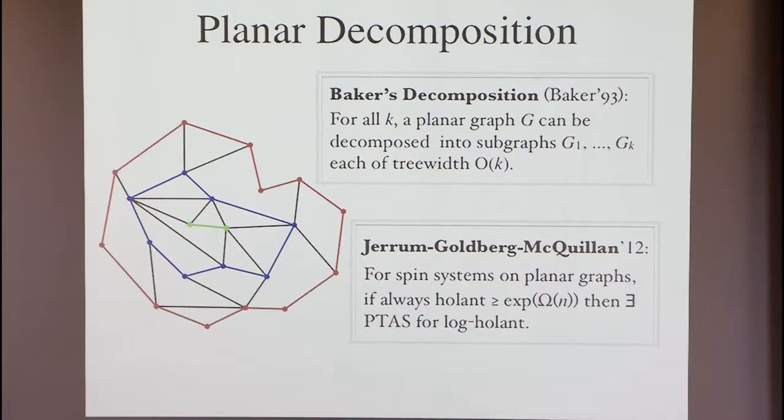This gives a separation between the computational complexity of approximate counting on planar graphs and on general graphs. It's a very interesting phenomenon: once we have planar structure, we cannot have such a strong concentration.